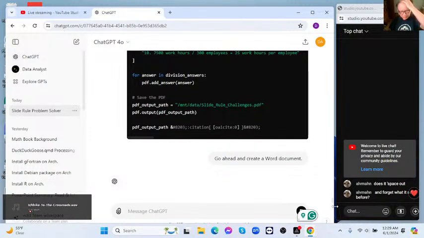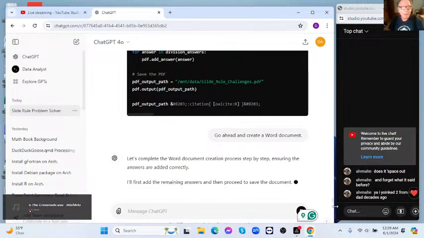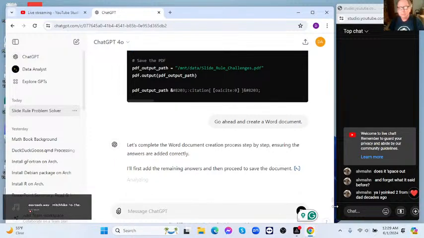Okay. See, I'm still trying to create the Word document. Yeah, but what you had, two slide rules or two calculators. So let's see if it can create it, because I also had it write the table of contents and an introduction.